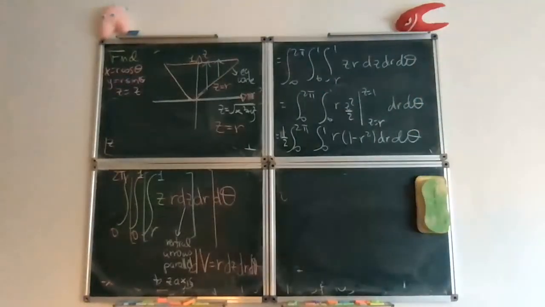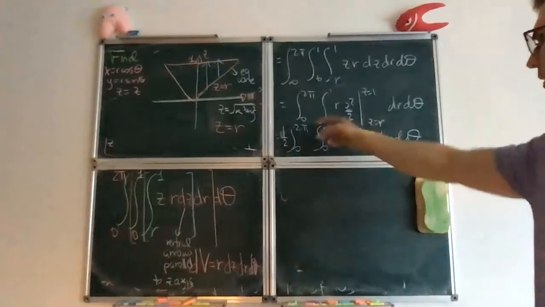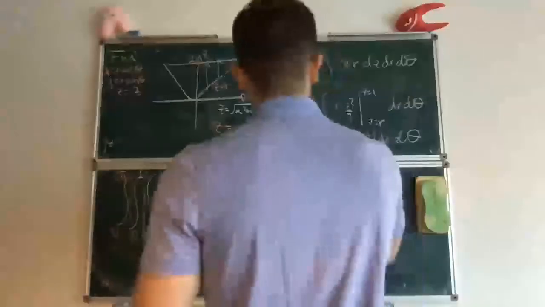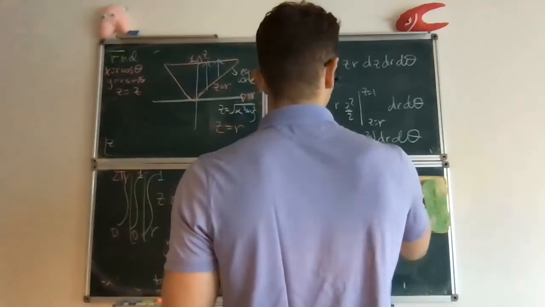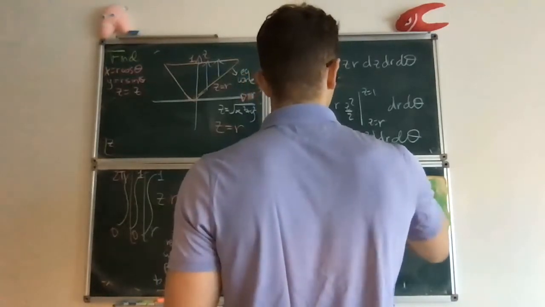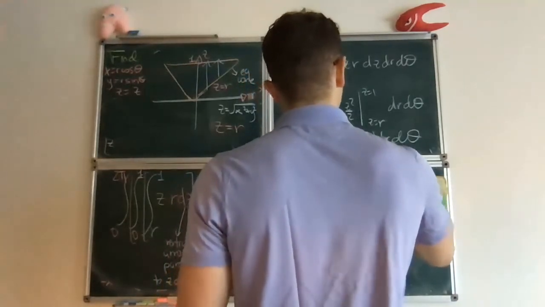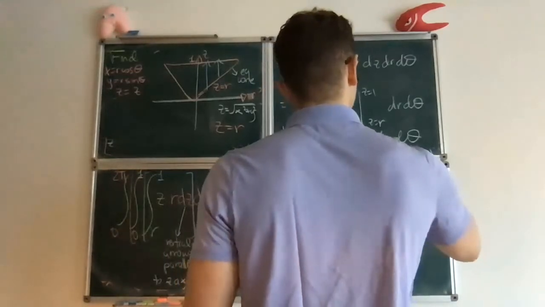Okay. And I took the 1/2 outside the integral, so that gives you 1/2 integral from 0 to 2 pi. Now you're integrating r minus r cubed, dr d theta.